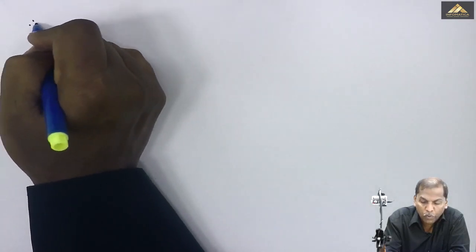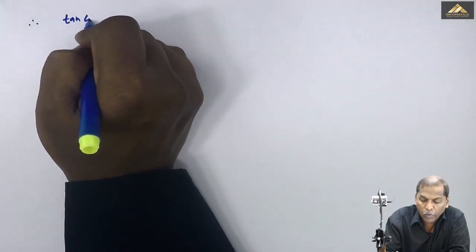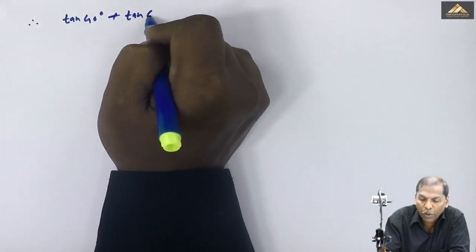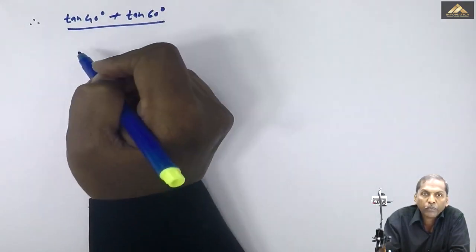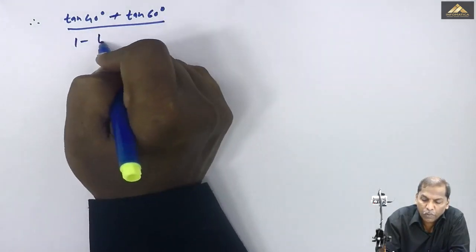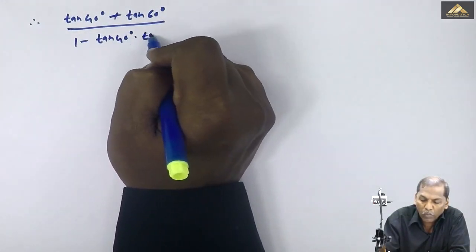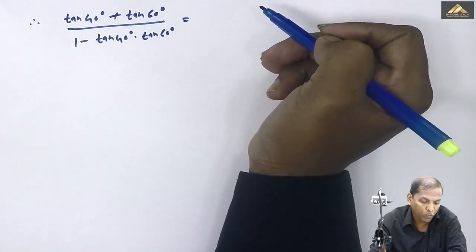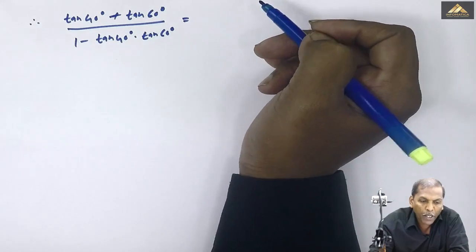So therefore the next step will be tan of 40 degree we write as it is plus tan of 60 degree, that also same, upon 1 minus tan 40 into tan 60 degree, and that equal to, right में हमारे पास टर्म था tan of 180 degree minus 80 degree.